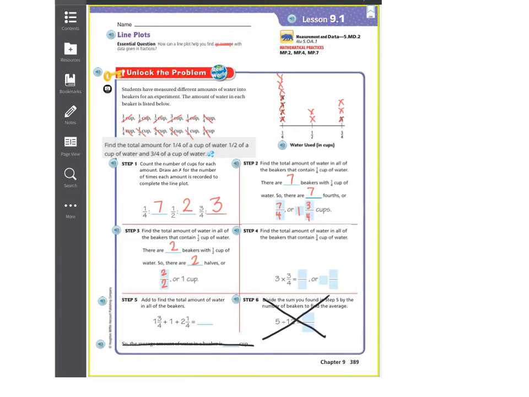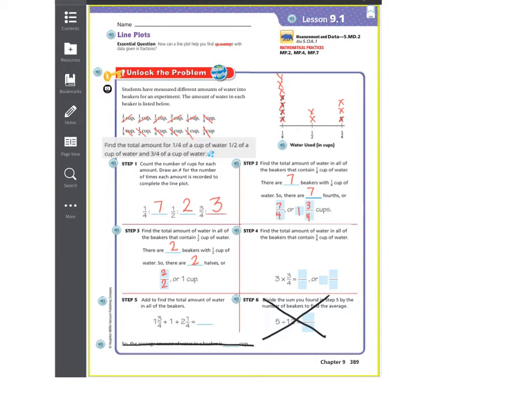Okay, so step 4, we're going to find the total amount of water in all the beakers that contain 3/4 cup of water. So when we count those up, we see 1, 2, 3. That is 3 times 3/4. That's what we did here. We also did that here with the other ones, but this is just showing it in a different way.